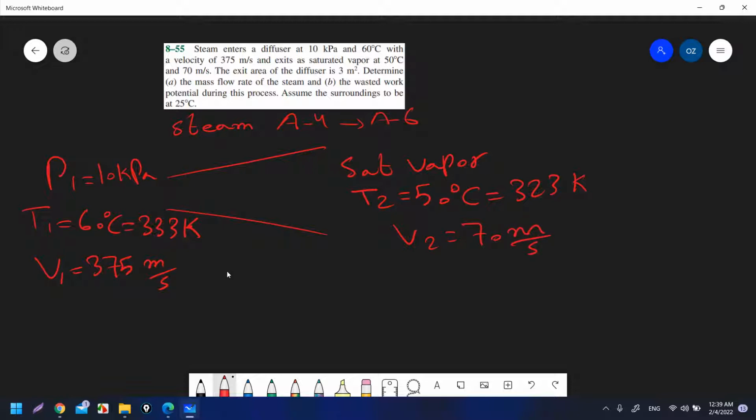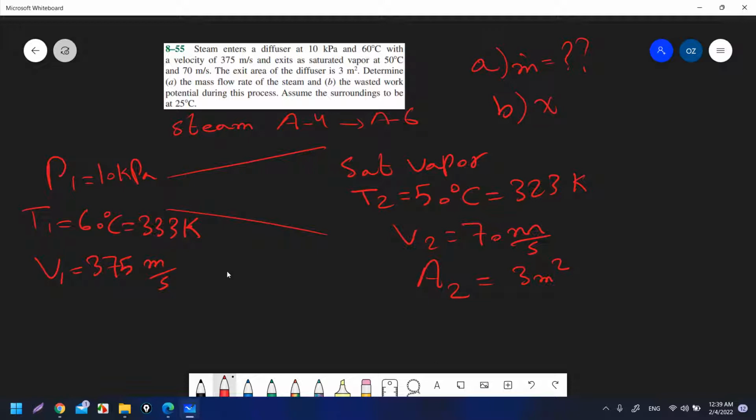The exit area, A2, is 3 meter squared. Determine the mass flow rate, m dot, of the steam, and the wasted work potential, meaning the irreversibility, X destroyed.